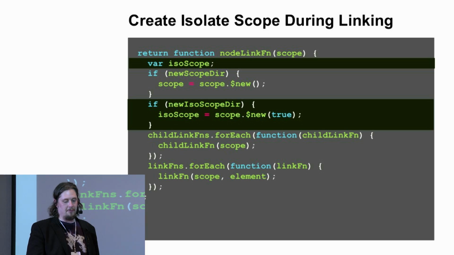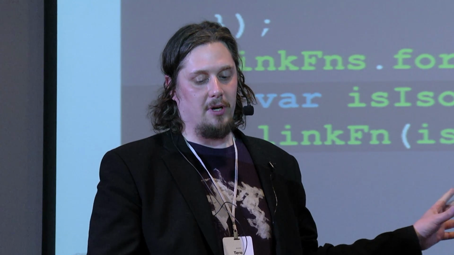So as we look at these link functions, we should know which one came from the directive that wanted to have the isolate scope. And for that purpose, we need just a little bit of more bookkeeping during compilation. So as we create the link function, or as we get the link function from the directive, we just put in a reference to the directive it came from. And that's just for our internal bookkeeping, because now when we go back to linking, we can check for each link function that we see, did this link function come from the isolate scope directive?